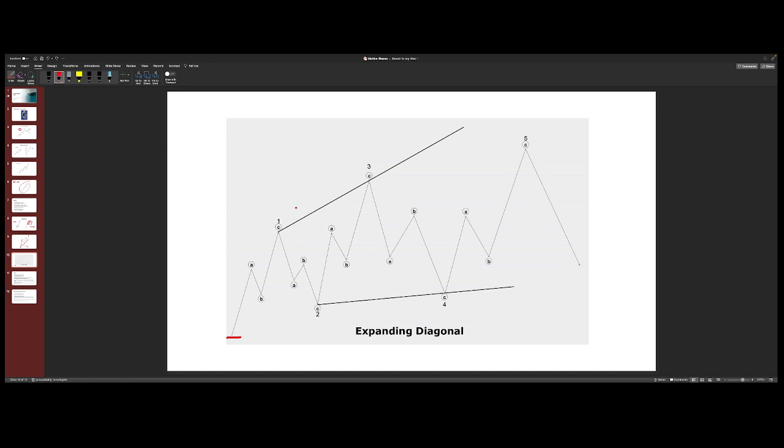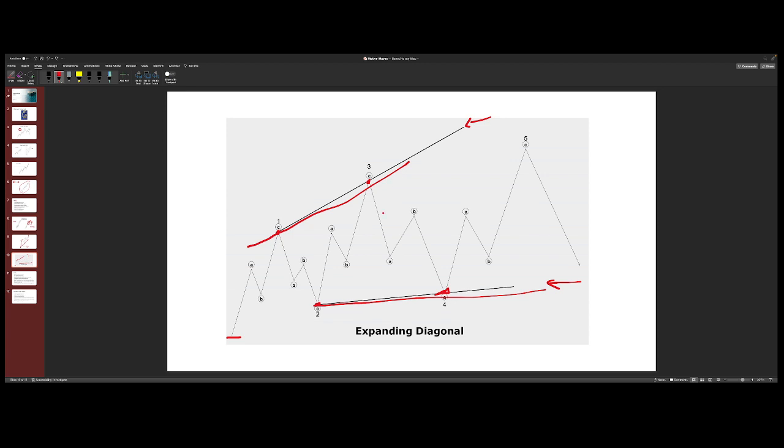If you were to connect the dots the same way we did here, dot 1 and dot 3, you draw a line, connect these two dots, draw a line, you would get these lines diverging from each other, going away from each other.